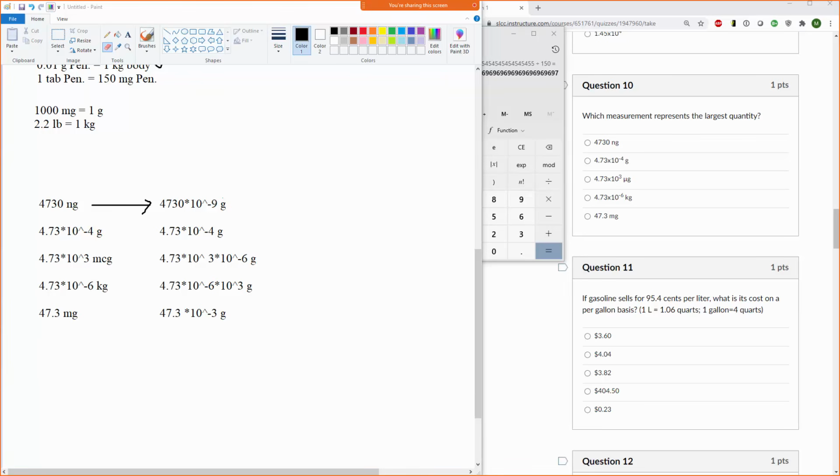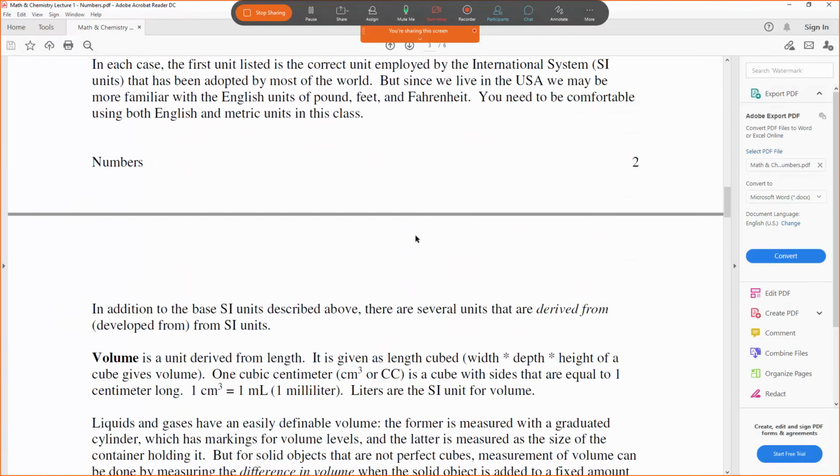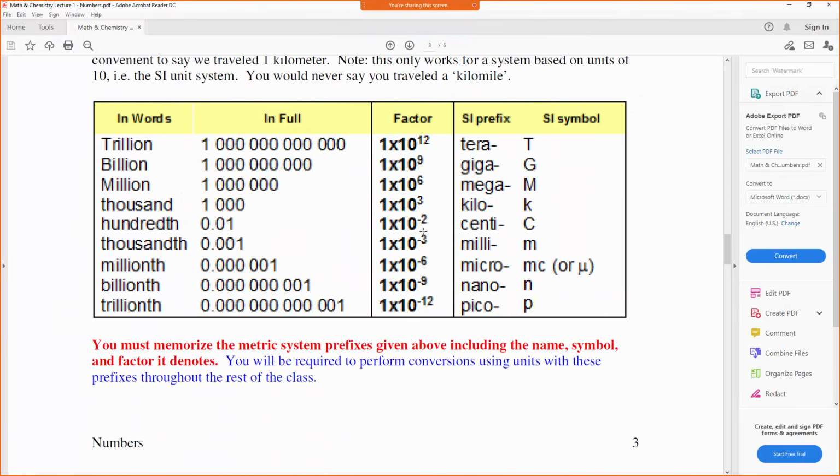Okay, I used the conversion factors. Let me pull these up here from my lecture notes that I recommended that you guys memorize. On the math section, math and chemistry lecture number 1, numbers, units, here we go, this one right here.